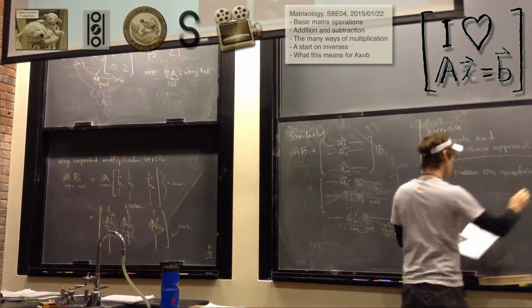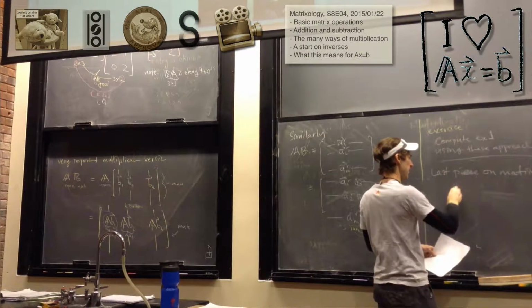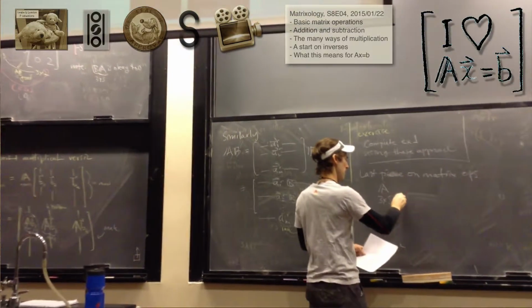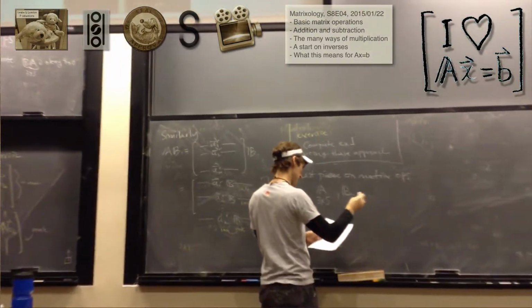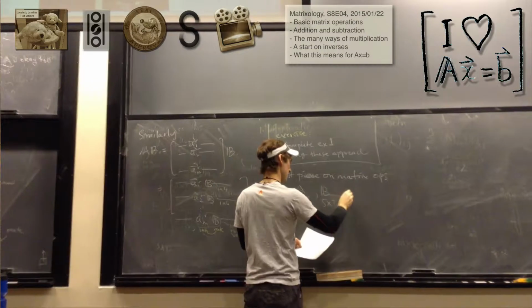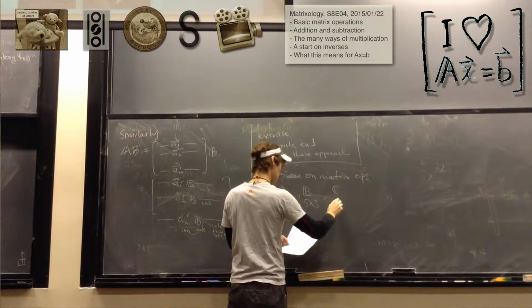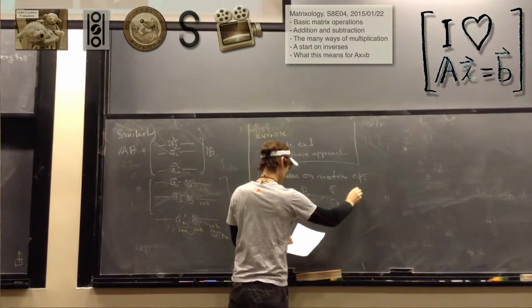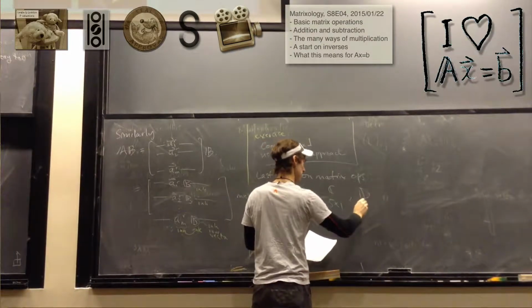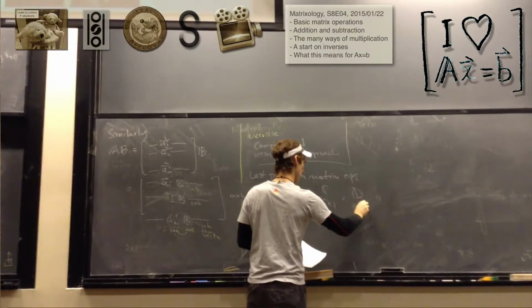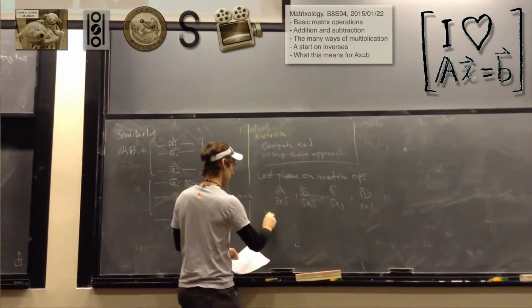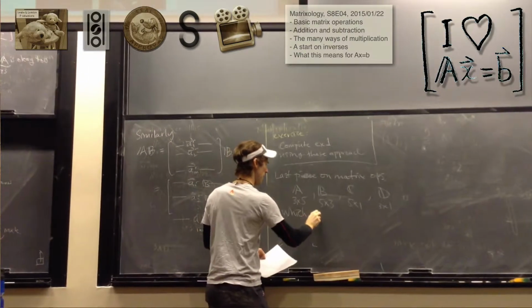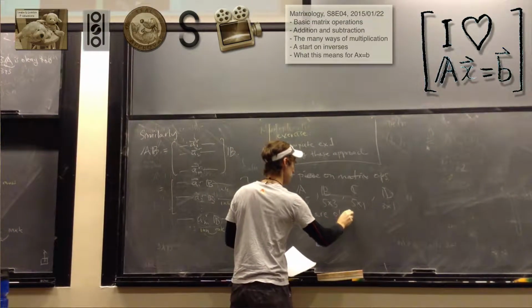Say you're just told in general, you don't know what the details are, A is a 3 by 5, B is a 5 by 3, and C is a 5 by 1. So it's really a vector, but I'm just going to write it as a matrix. And D is a 3 by 1. Which of these are OK?